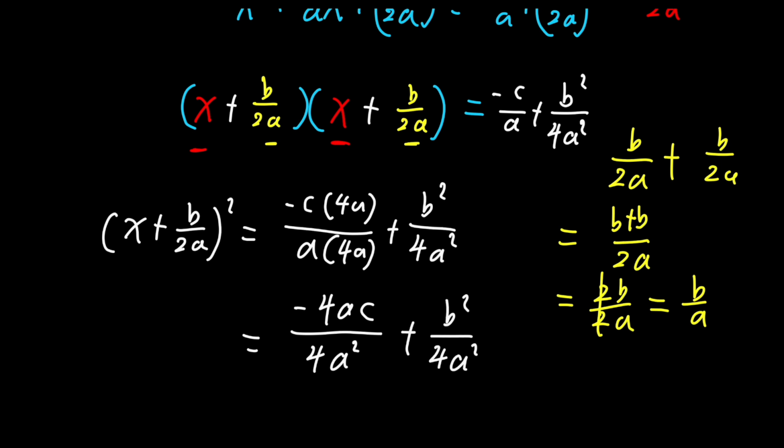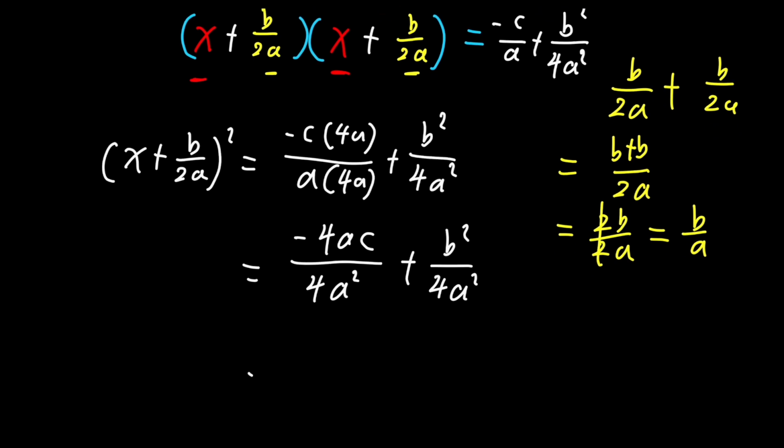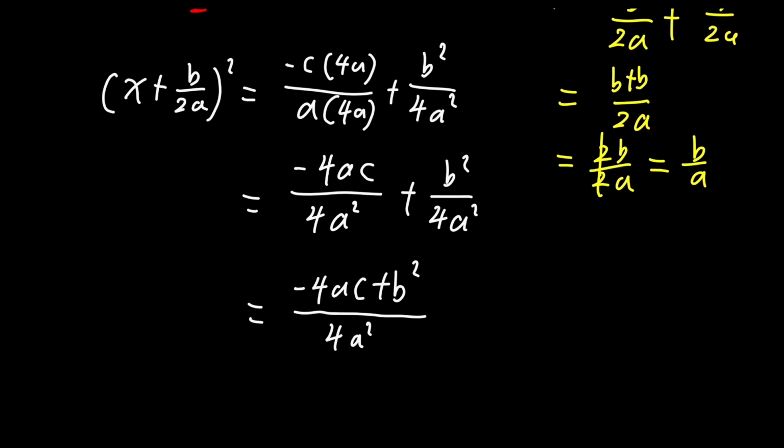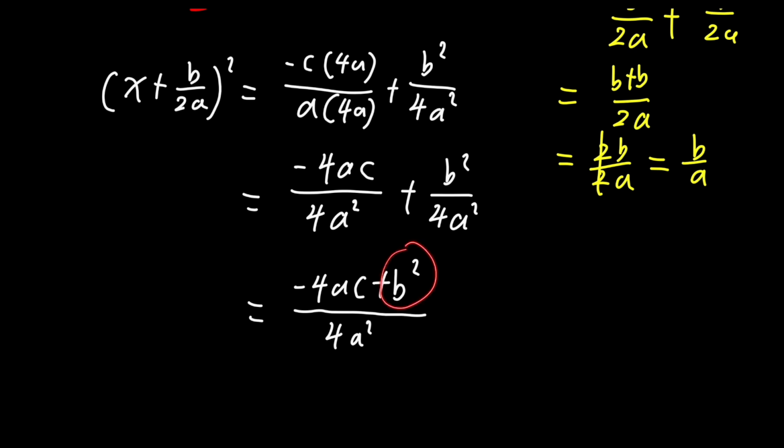Then, as you can see, the denominator will be the same, so we can add them. But keep in mind, the denominator stays the same. We only add the numerators, plus b squared. And usually, we write the positive term in front. Also, if we switch the position of these two terms, it doesn't matter.